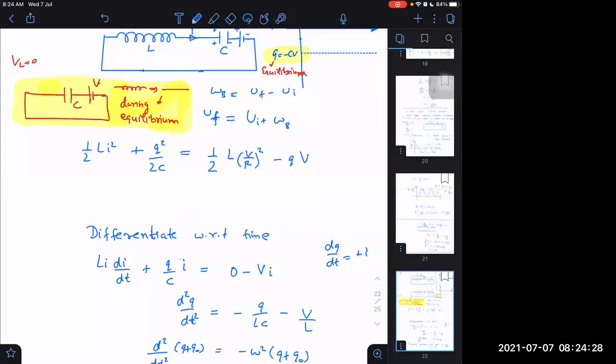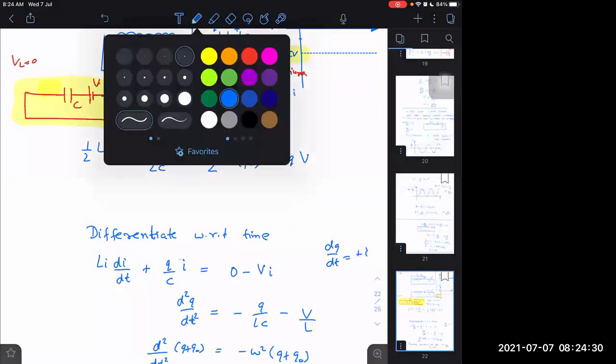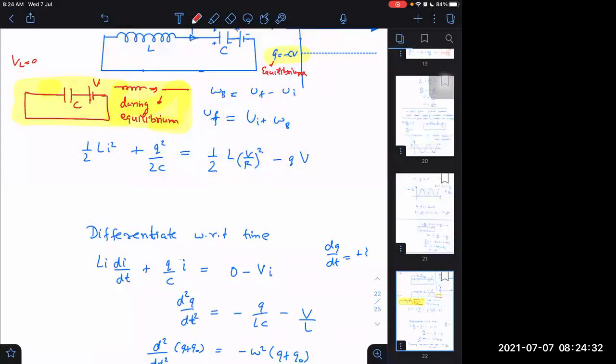I'm telling you how to do it in a very short, shortcut way. During the extreme position, I is equal to 0.